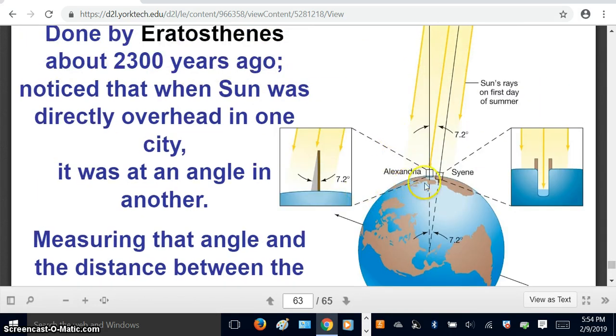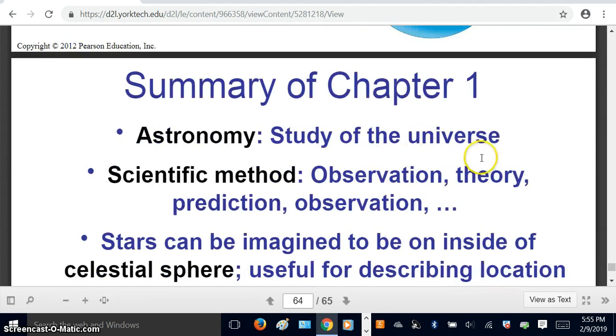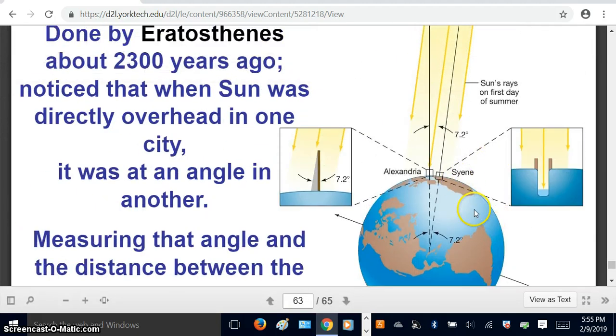We don't know who the person is that walked that distance, but anyhow, with that information and then the knowledge in measuring that angle, which turned out to be a little more than 7 degrees, Eratosthenes was able to measure the circumference of the Earth and got a pretty good number. I mean, it's within 20% of the modern value. So that's actually pretty amazing for something more than 2,000 years ago.